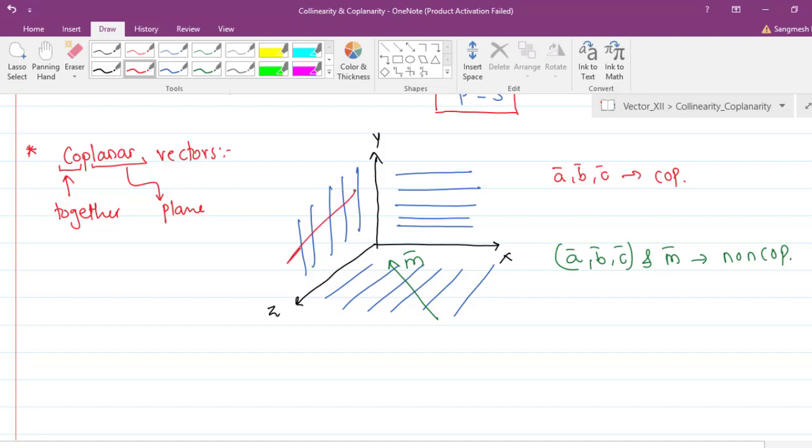Suppose I have the vector a bar here in this plane and m bar in this plane. So are these two vectors coplanar vectors or not? Atharva, are these two vectors coplanar vectors?